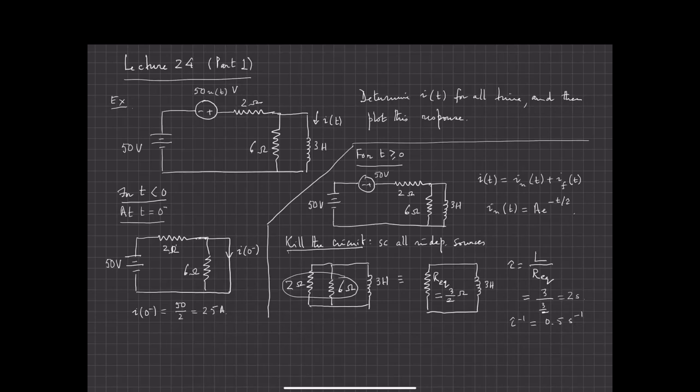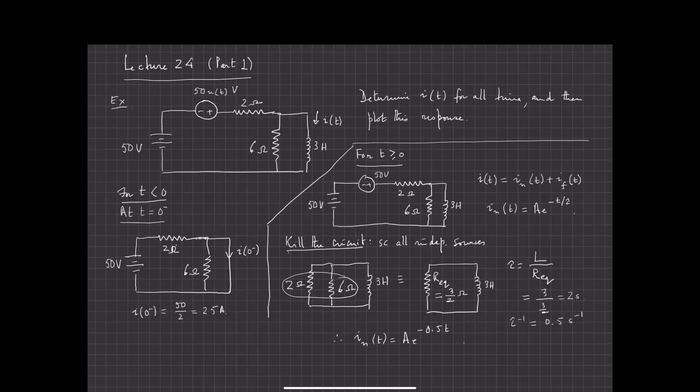All right, so I now know that my natural solution, therefore my natural solution I_n of t is equal to A e to the power of minus 0.5 t.